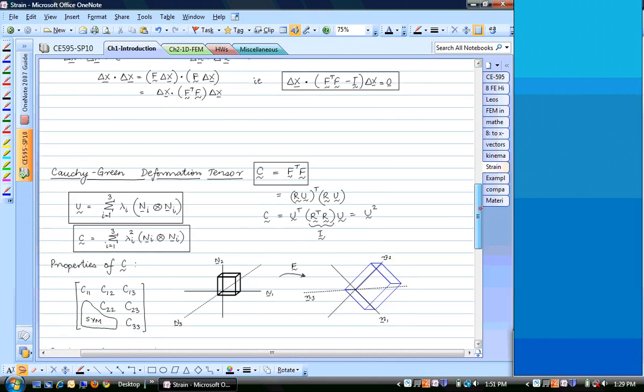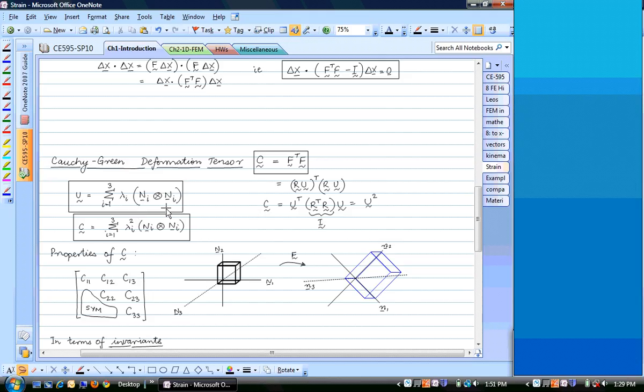And once you know the spectral decomposition of U, you can express this as a set of eigenvalues times the outer product of its eigenvectors. So remember that N is a column vector, and this is a row vector. So when you take vertical times horizontal, you get a matrix. So this is just an outer product. And then you take that matrix, multiply it with lambda 1, add lambda 2 times another matrix, lambda 3 times another matrix, and you get this stretch matrix back.